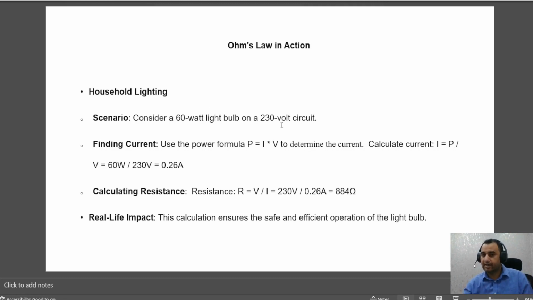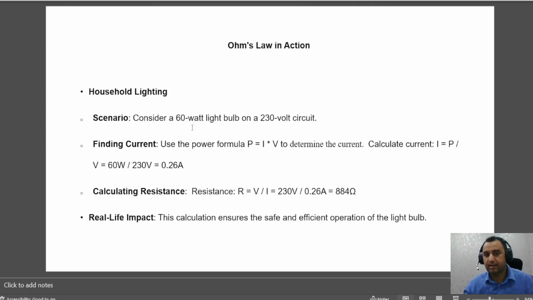But we need to get the resistance of this 60 watt bulb. To get the resistance, we need to find out the current first, because then we can divide voltage over current to get the resistance value.